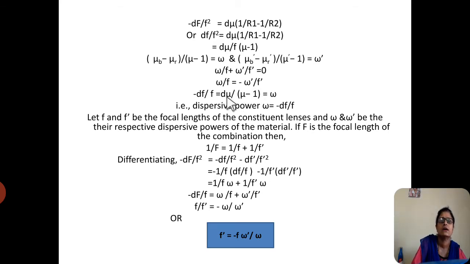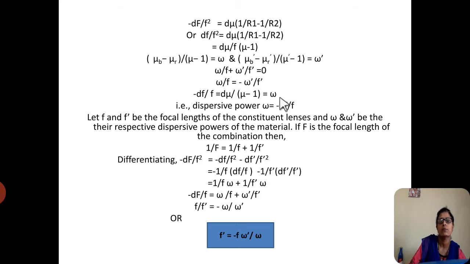As we know, minus df by f is equal to d mu divided by mu minus 1 into omega, because d mu divided by mu minus 1 is the dispersive power omega. So minus df by f is equal to omega.